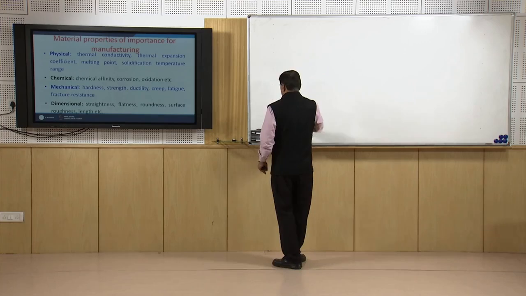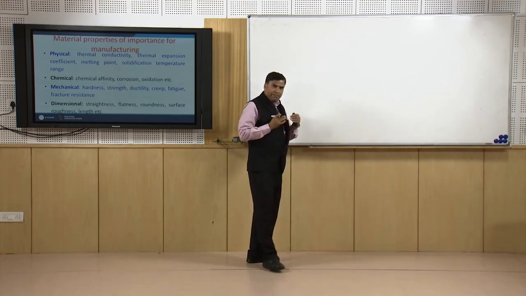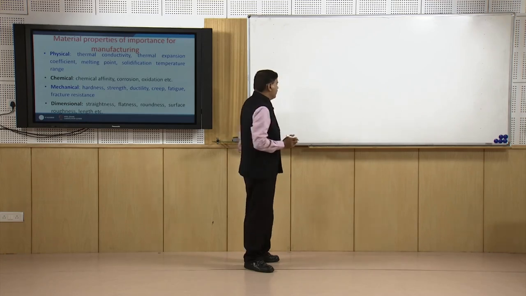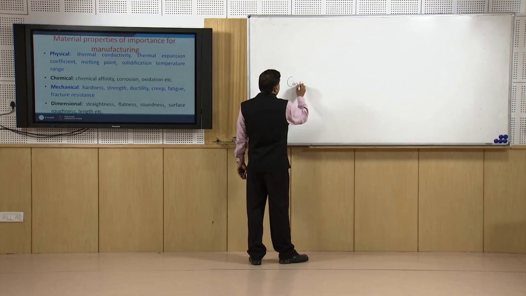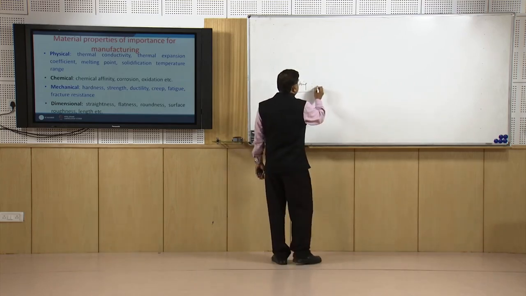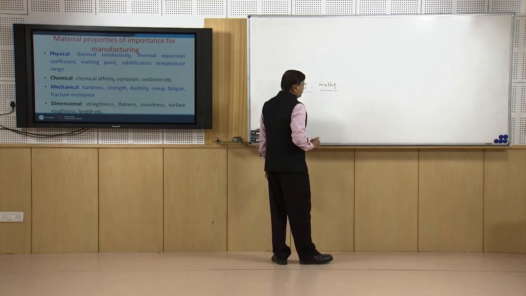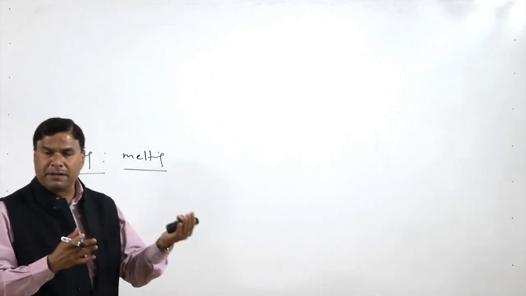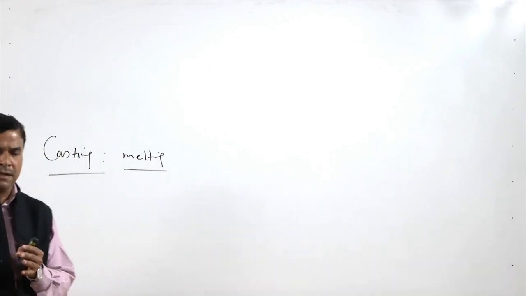So, now we'll be seeing the properties that matter a lot for processing using a particular process. Starting with casting, we know what is important: the melting of the material, and when the material is brought to the molten state, it will be interacting with the gases, it will be solidifying, so shrinkage will be taking place.